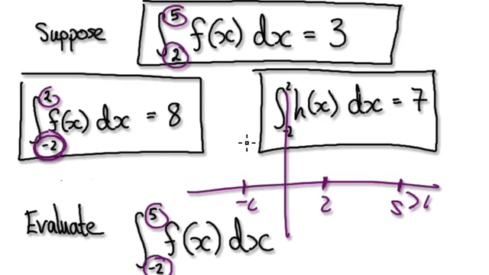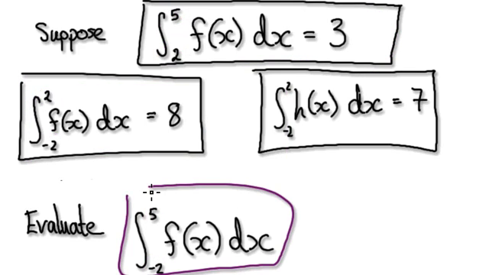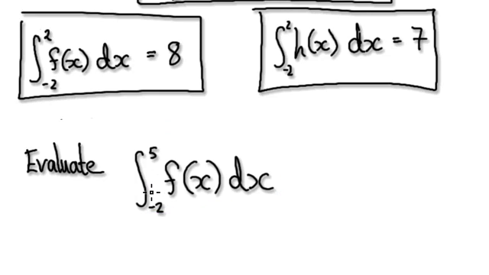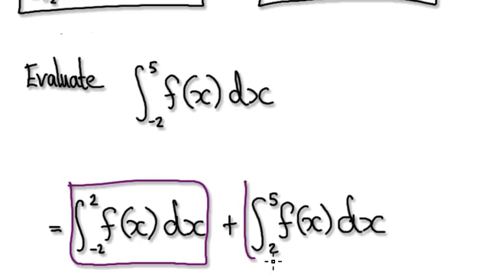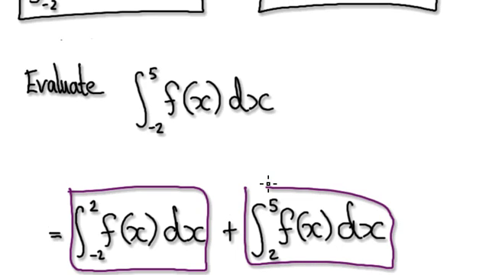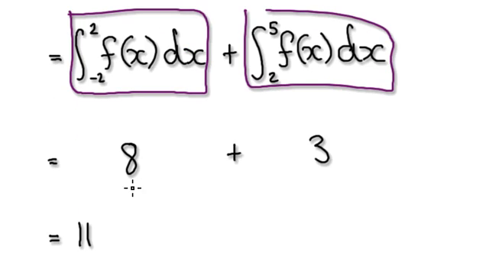So if you want the integral of the whole thing here, then you simply have to get this, add it to this. Okay. So to evaluate this here, do this. Break it from minus 2 to 2, and then from 2 to 5, and then this block here we do know from above. So that equals this, equals 11.